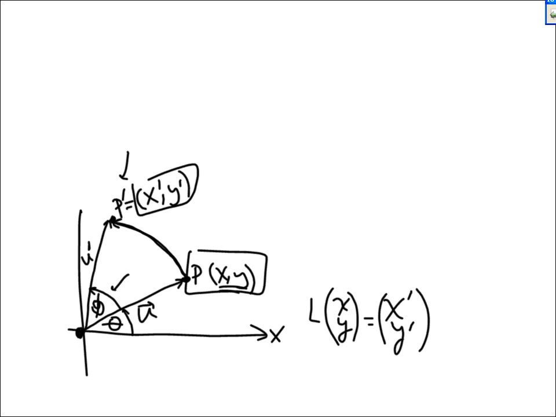Okay, so now, this is some matrix times x prime, y prime. And what we're going to do is we are going to find that matrix. So here, it's a linear transformation. A matrix A times a vector is a linear transformation. And I'm not saying you should always think of it that way, but it is.